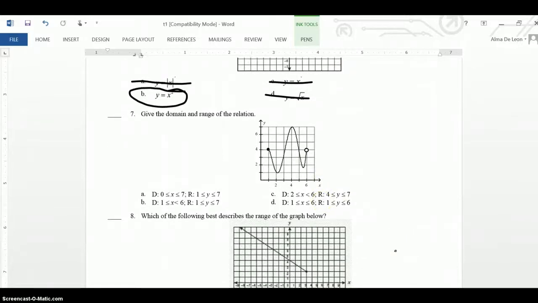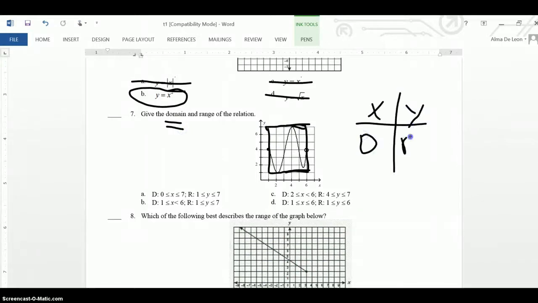Number 7. Give the domain and range of the relation. Okay, so for this one, we have to go back to drawing our box. Here, to look at the domain, x and y went to the doctor.